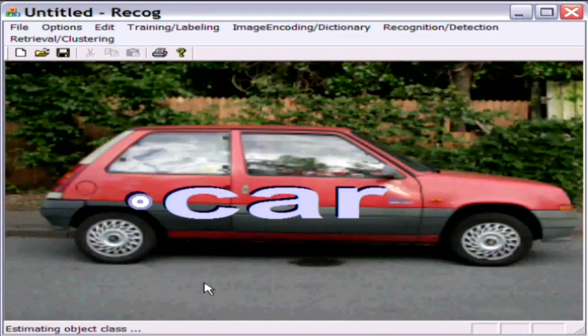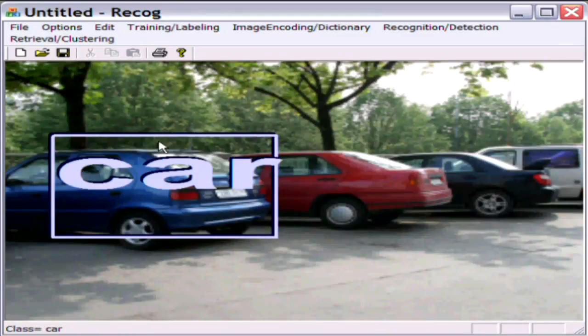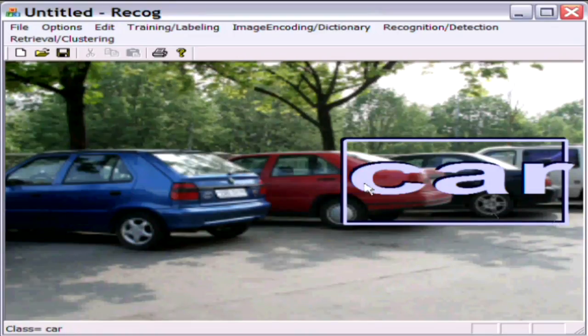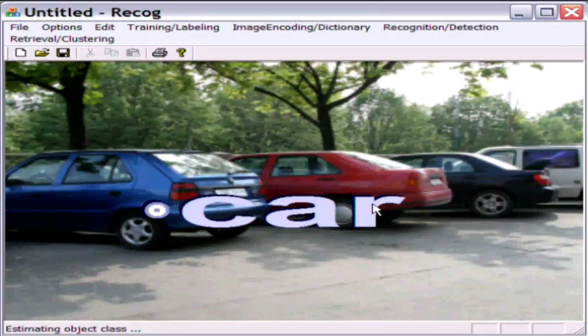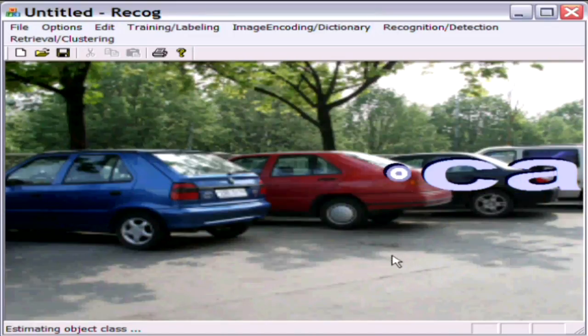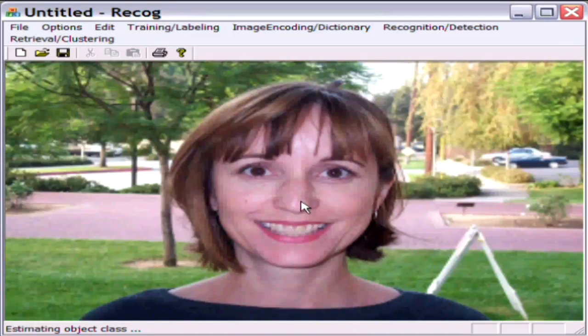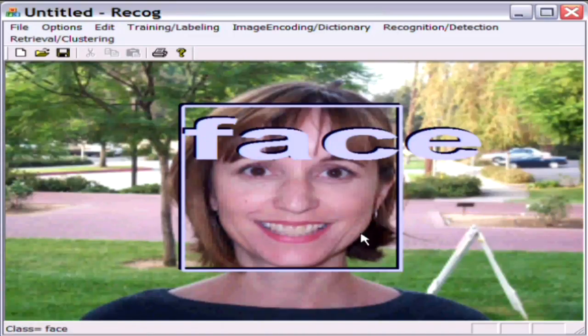Look at this. Any piece of a car, even like the little point of a car, it says car, right? Look at this. Three cars, it says car. Tree, car, car. I mean, look at this. Vision is solved. Look at that.